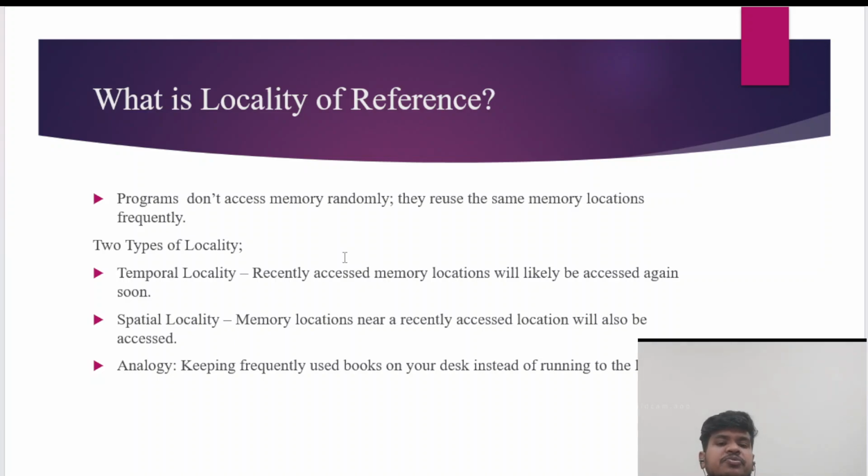The OS keeps frequently used pages in RAM to reduce the page faults. We can also improve the performance. The program will run faster because memory access is optimized. Whenever you watch a video on YouTube, the app preloads nearby frames so that playback is smooth without buffering. This is spatial locality in action. Remember this for next time.